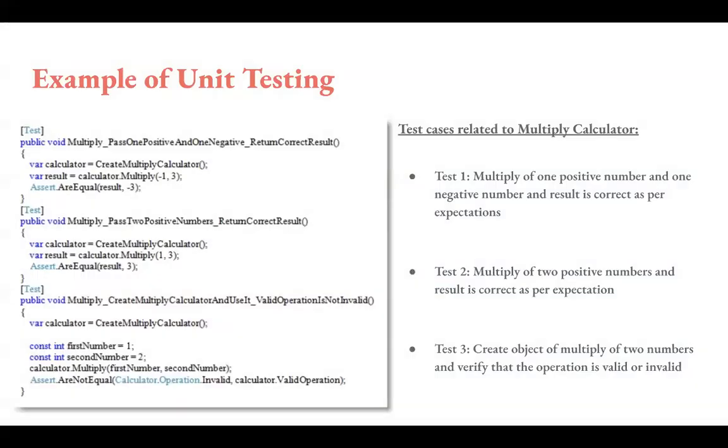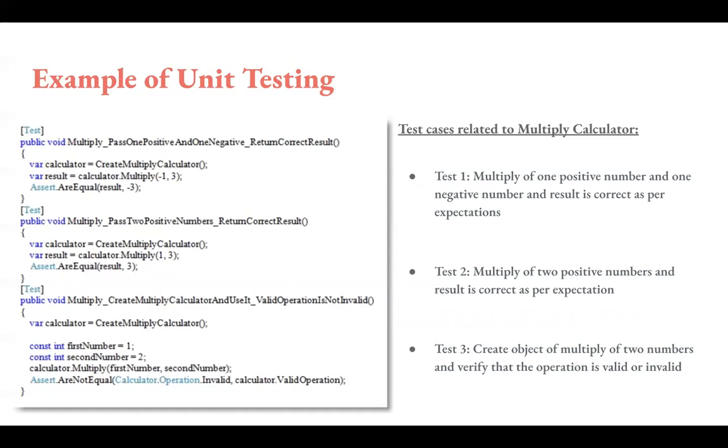Next, we have an example of unit testing. This example is related to a multiply calculator. There are 3 test cases. The first scenario is when we multiply one positive number and one negative number, the outcome should be equal to the expected result.